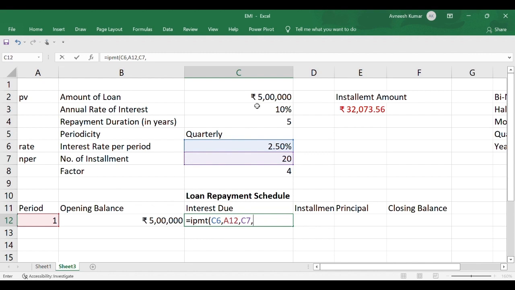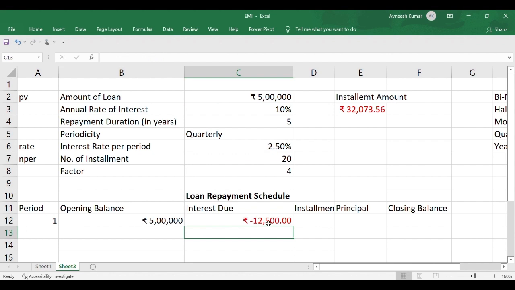PV we would be getting from this part. Present value would be taken from this part. FV as 0, and type is again 0. So this we get IPMT. We format this cell again to exclude the negative sign.